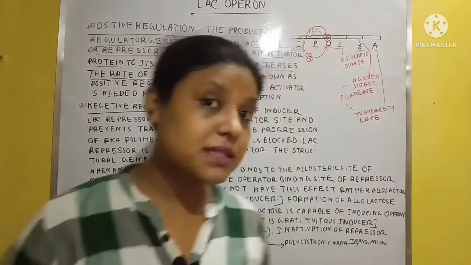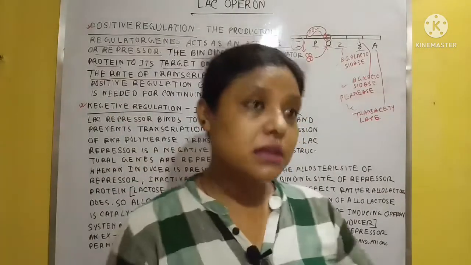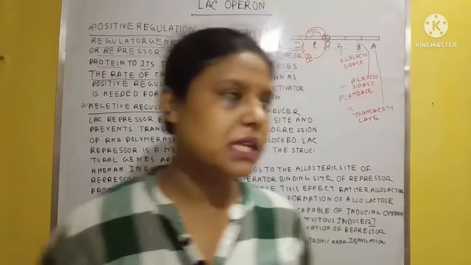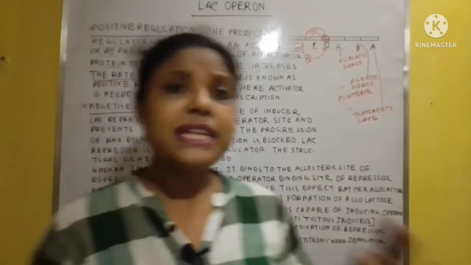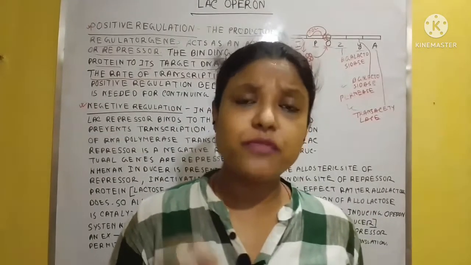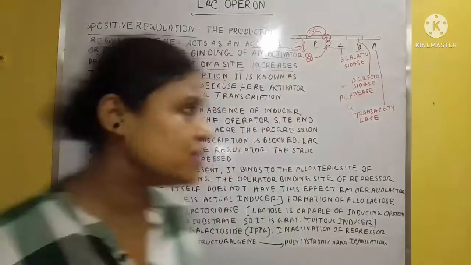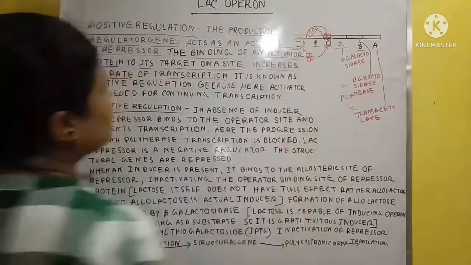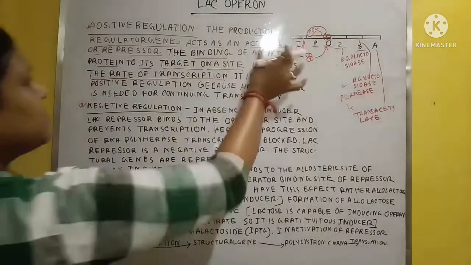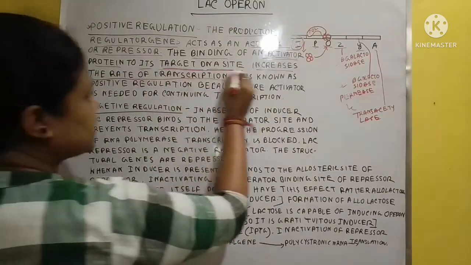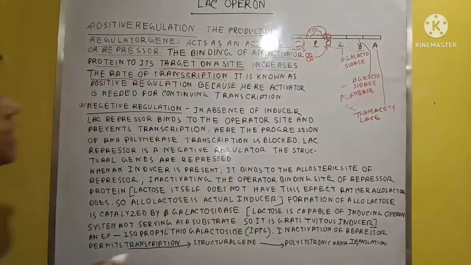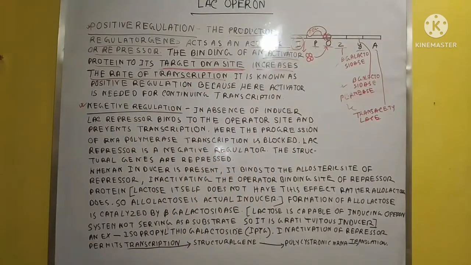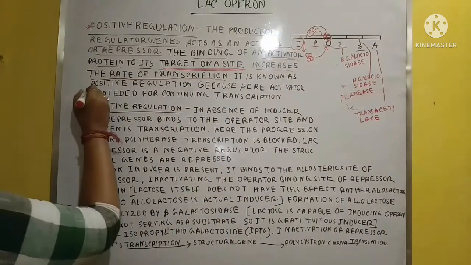I will discuss this in another video, but today I just briefly explain it. Its presence is very important for continuing the total process, and that's why the protein is called the activator. It binds to the target DNA site to increase the transcription process, and it is known as the positive regulation.